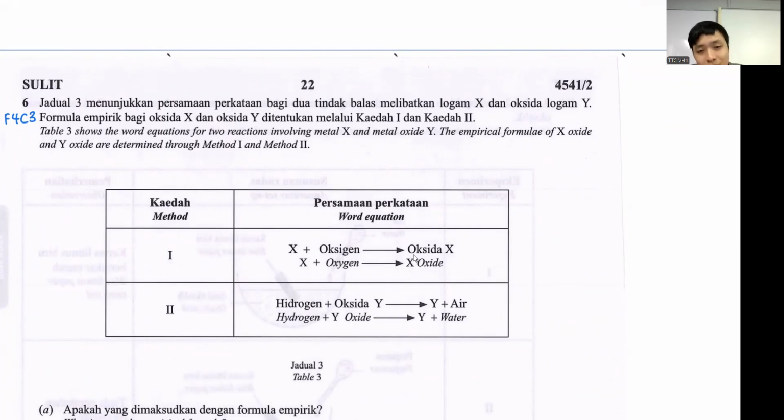First, X reacts with oxygen to form X oxide. Second, hydrogen reacts with Y oxide to form Y plus water. This is a very basic, easy question.